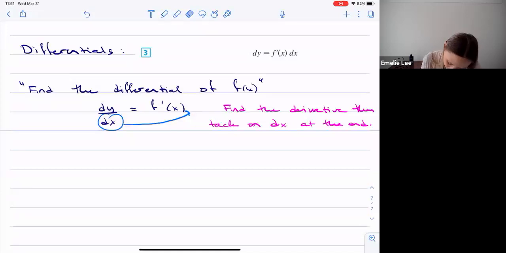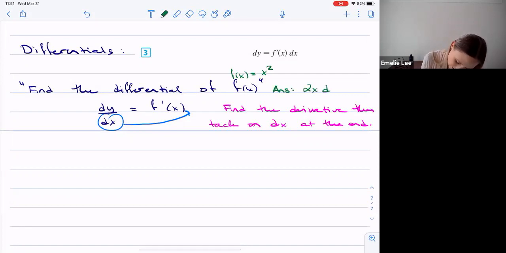Let's say f of x is x squared, just to keep it nice and simple. Then the answer is 2x dx. And technically it's dy.